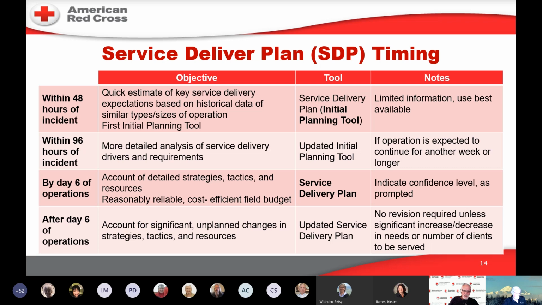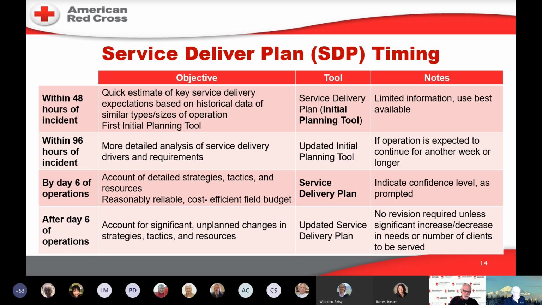When I'm in a mass care role, I often refer to that as the easy out in the service delivery plan, because usually by day 6 you have 90% of your shelters open, your feeding plan is fully operational, and so you've got a pretty good feel for what your service delivery will be in mass care.